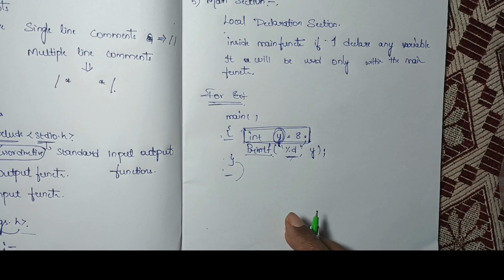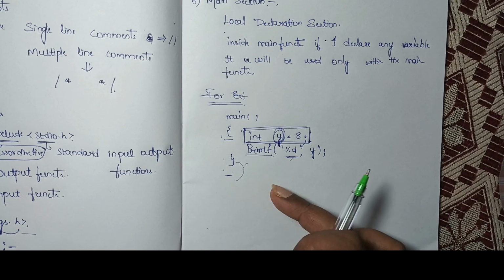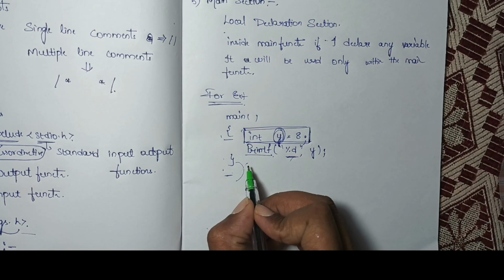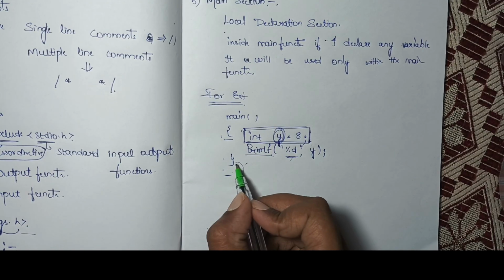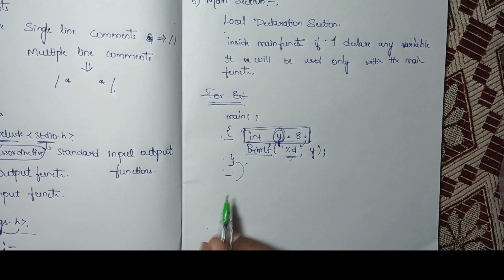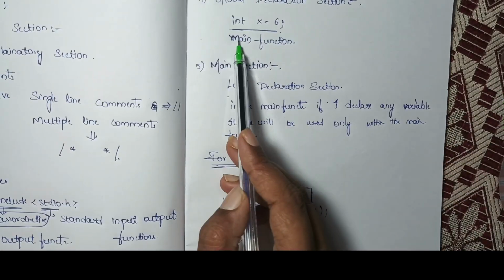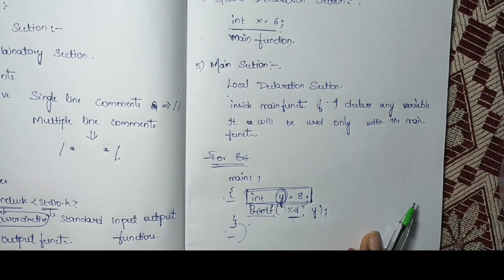We have a topic called functions in our C program, where we use subprograms. We will write more code after this main function. So in that code, this variable won't be remembered by the compiler after this main function. If we declare it as a global variable, it will be remembered by the compiler.